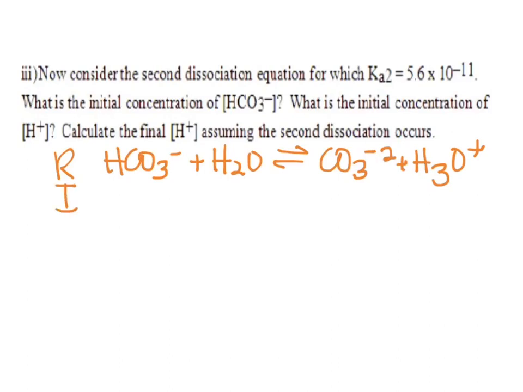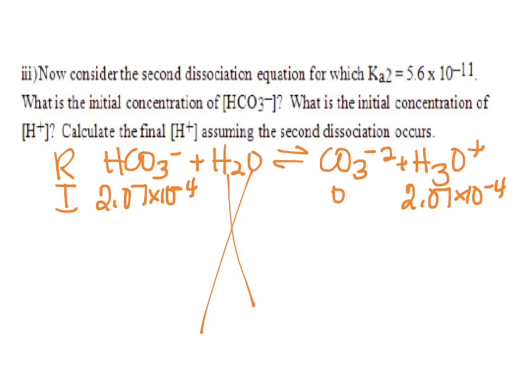What was our concentration of HCO3 minus in our last problem? What was X in our last problem? 2.07 times 10 to the negative 4. That's our HCO3 minus, and that is also our H3O plus. So 2.07 times 10 to the minus 4.